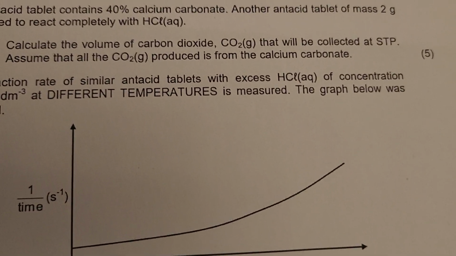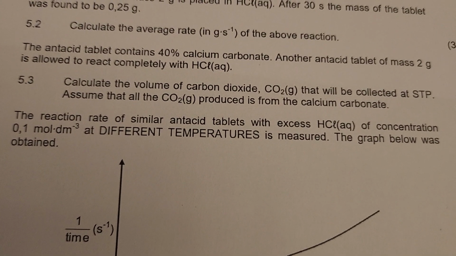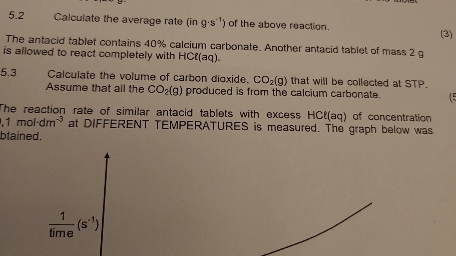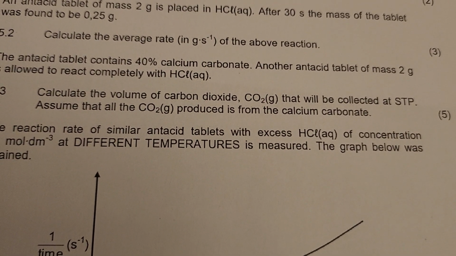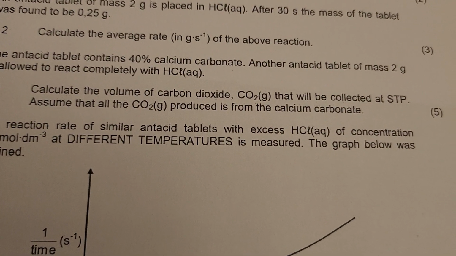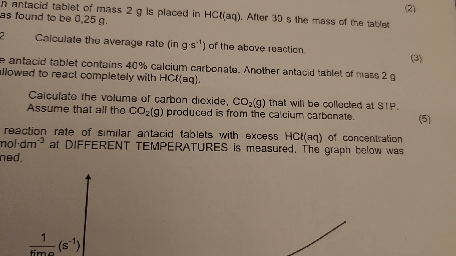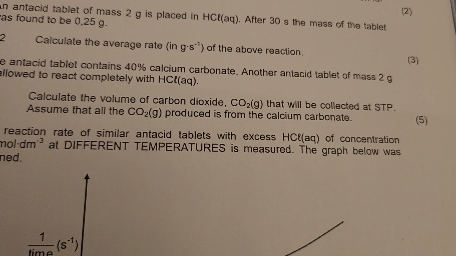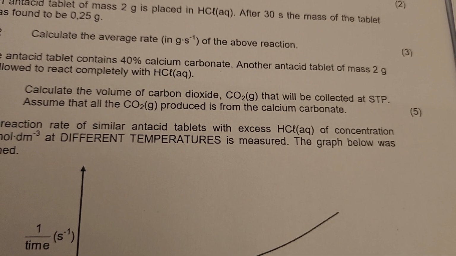5.3, there's a statement. The antacid tablets contain 40% calcium carbonate. Another antacid tablet of mass 2 grams is allowed to react completely with HCl. Now calculate the volume of carbon dioxide that will be collected at STP.